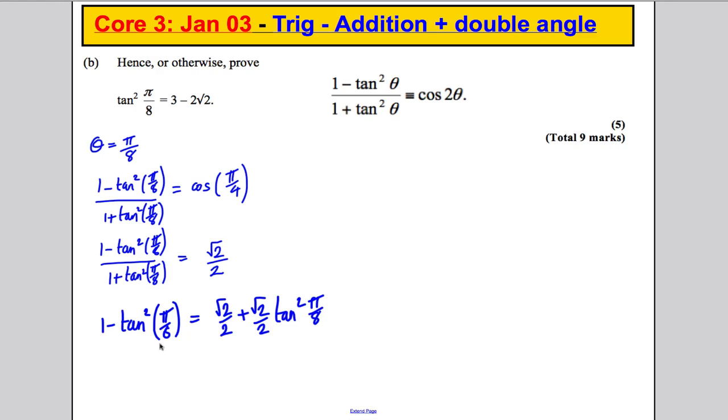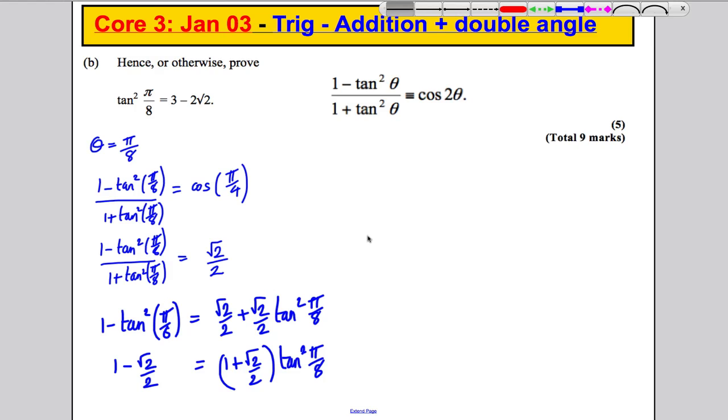So I could add tan squared pi by 8 to both sides and subtract root 2 over 2. So I would get 1 subtract root 2 over 2 is equal to 1 plus root 2 over 2 tan squared pi by 8, because I've got root 2 over 2 and I add another one.